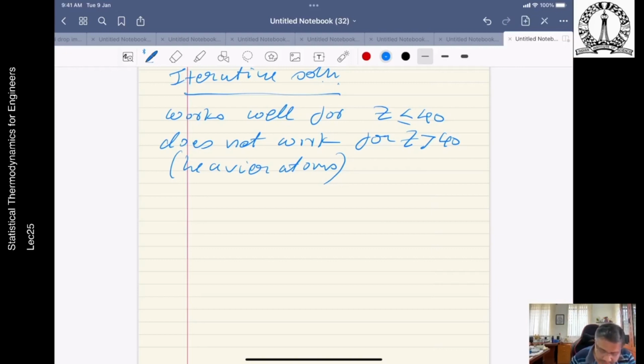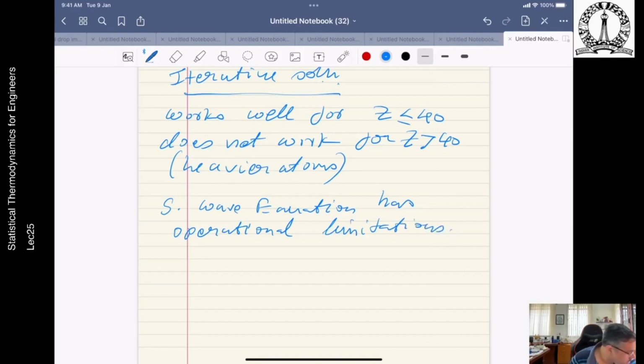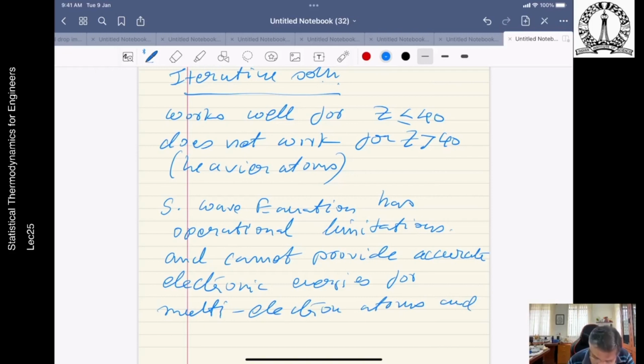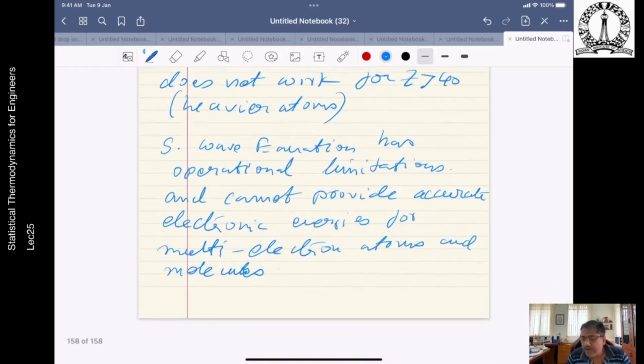So we can infer that the Schrödinger wave equation has operational limitations and cannot provide accurate electronic energies for atoms and molecules, or basically multi-electron molecules. So these are operational limitations.